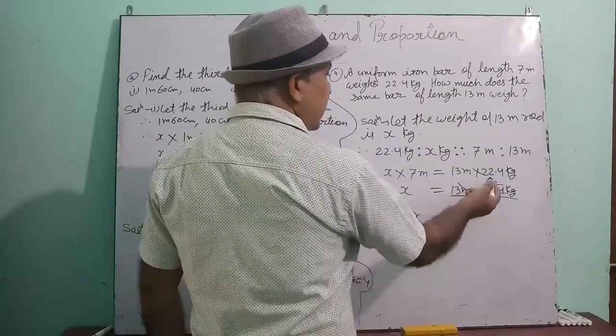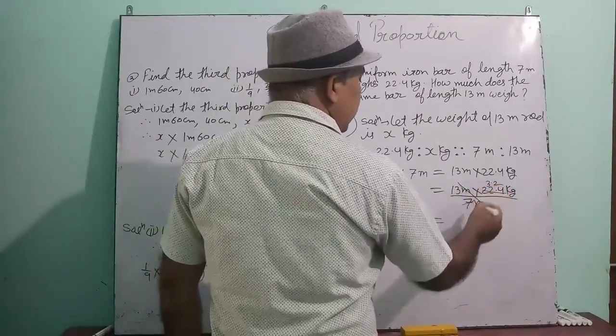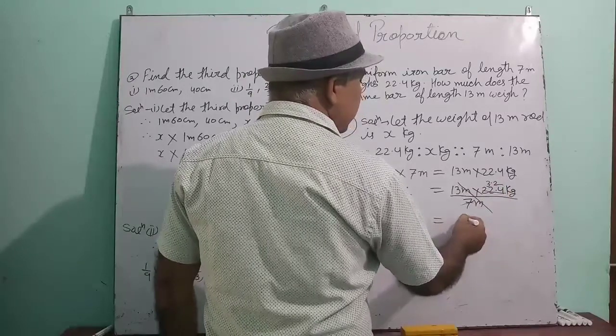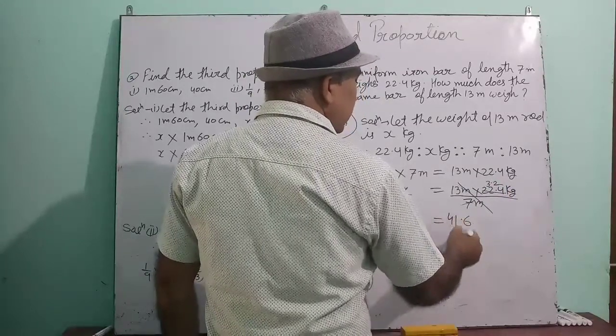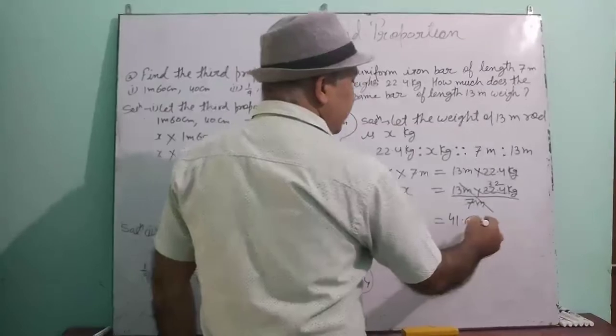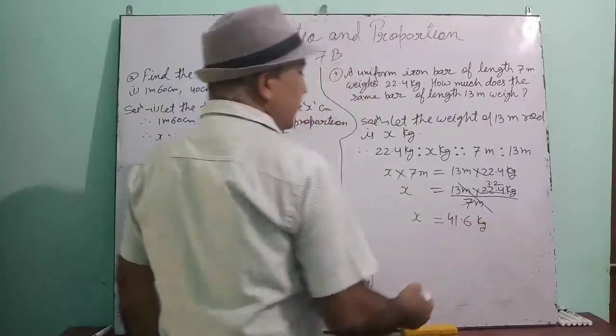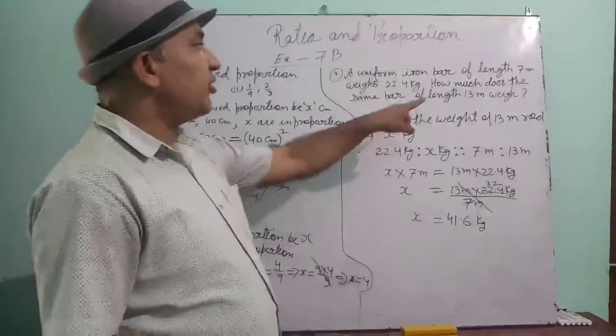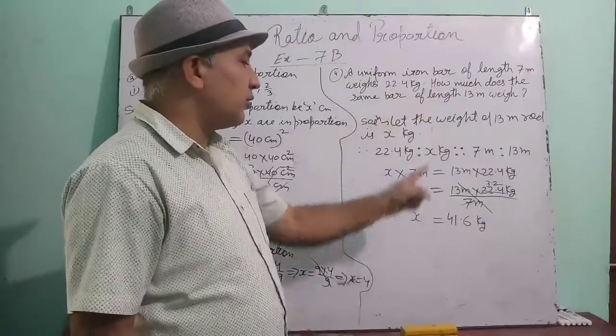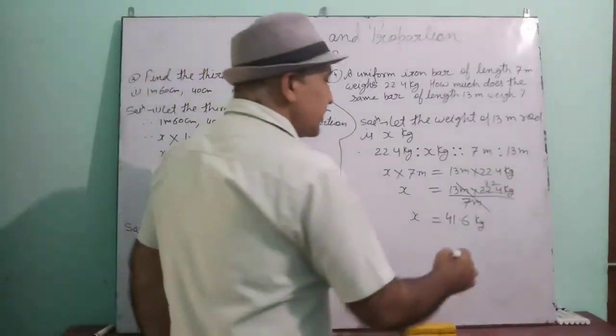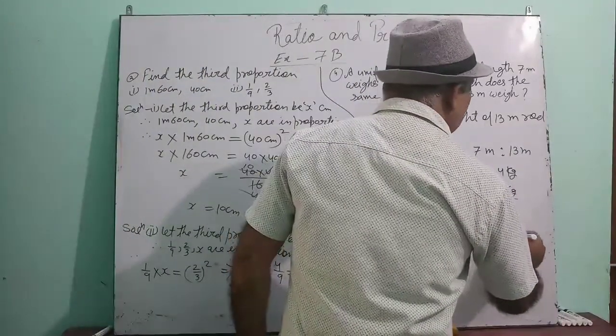Now multiply 3.2 with 13. 13 into 2, 26. So x is equal to 41.6 kg. It means the weight of the 13 meter long rod will be 41.6 kg.